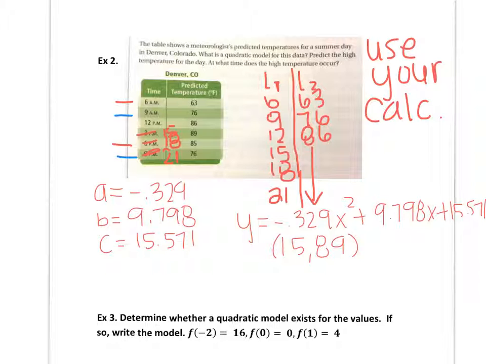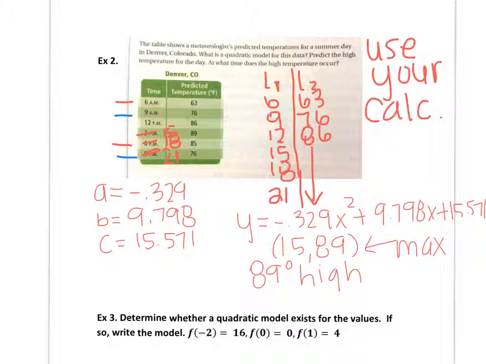So right there, that is our max, or in the terms of the question, that is our high for the day, okay? So what it says is predict the high temperature. Now, is 15 the high temperature or is 89 the high temperature? 89 is going to be our high temperature. So the second question, it's 89 degrees is our high.